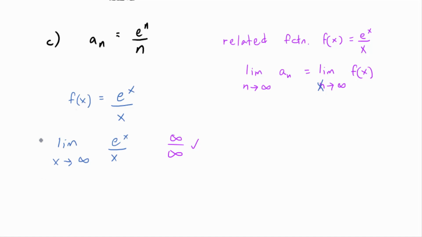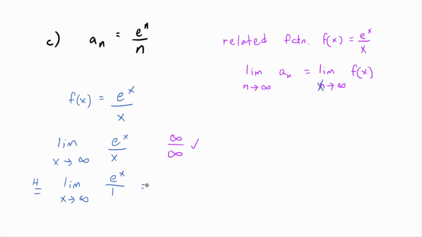Okay, so by L'Hopital's rule, this limit should equal the limit as x goes to infinity of, what's the derivative of the top? Derivative of e to the x is e to the x. What's the derivative of x with respect to x? 1. Now can you take the limit? Yeah, you know what e to the x does as x goes to infinity.